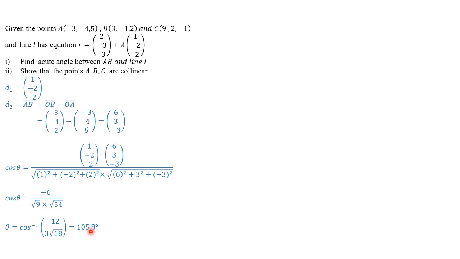So theta is now equal to 180 minus 105.8, which is going to give us 74.2 degrees. So 105.8 degrees is an obtuse angle, while 74.2 degrees is an acute angle.